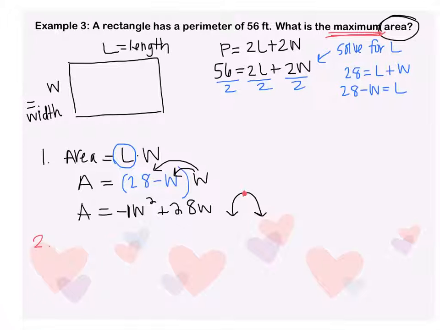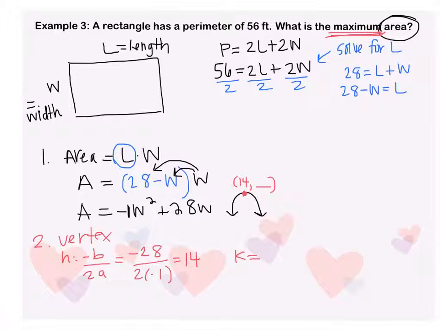Okay, so step 2 then, the maximum occurs at the vertex, so we need our h, k. H we can get by doing negative b over 2a. So in this case, that's negative 28 over 2 times negative 1. So we'll get 14. But that's only the x-coordinate of the maximum. What we really need to get for the maximum is the y-coordinate. So that's the k.